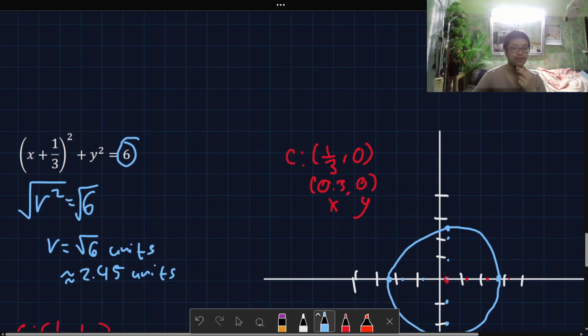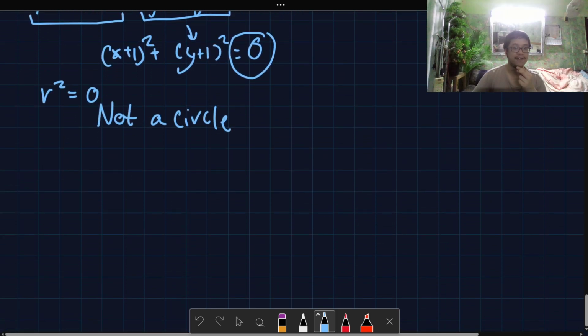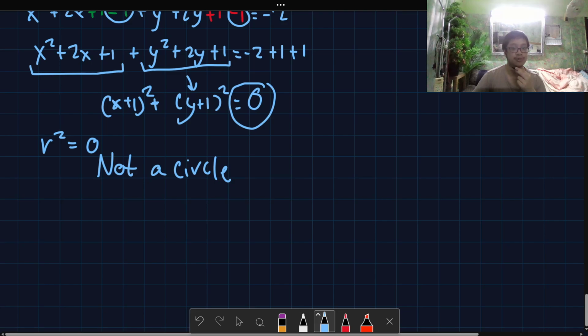So the graph will not be a circle anymore. You can find your r by square rooting both sides. You will have r equal to 0 units, meaning the length of your radius is in fact 0.